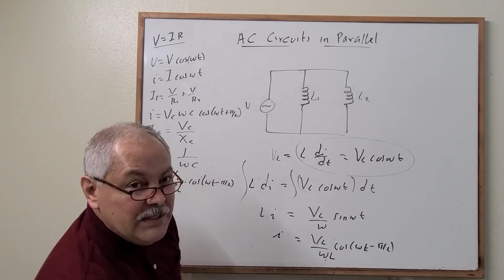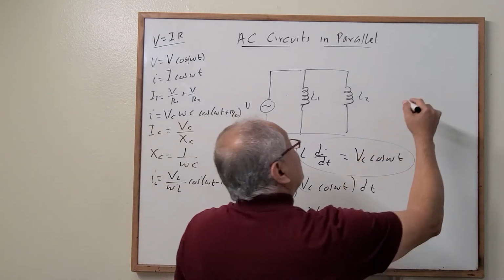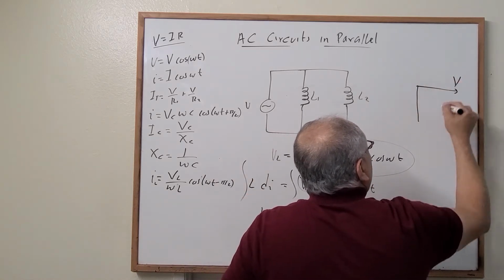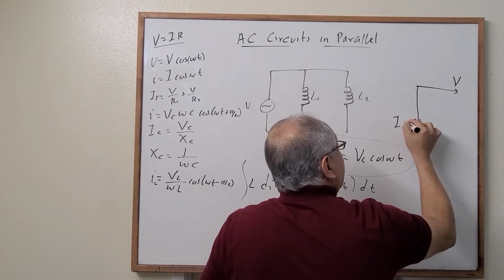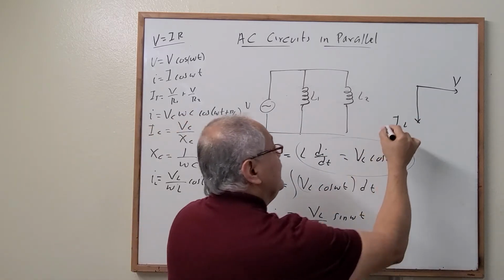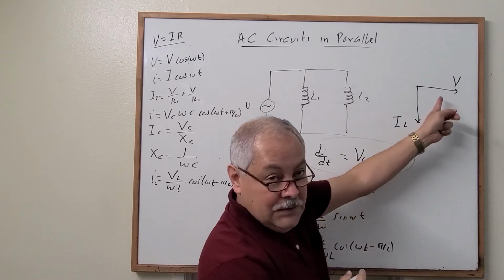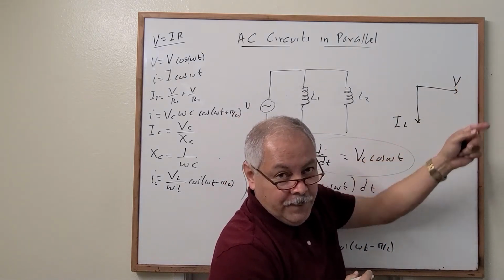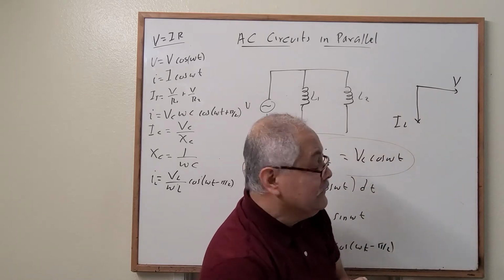And what should the phasor diagram be? Well, in this case, the phasor diagram is going to be this way. This is the voltage, and this is the current through the inductor. Again, this current is behind this voltage by 90 degrees.